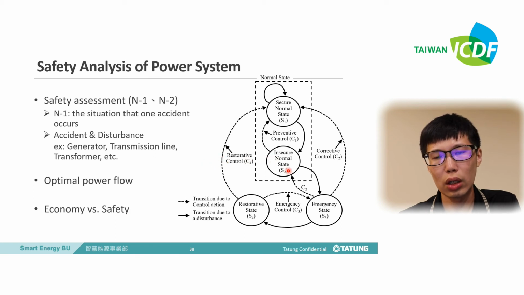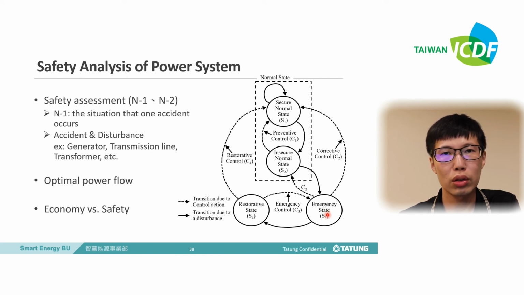So, if the system is in secure normal state, and unfortunately a disturbance or an accident occurs, then the system may transfer to emergency state, and in this state, the system is very dangerous.